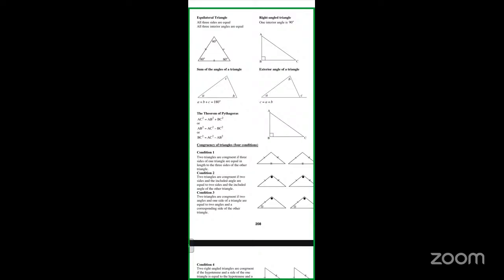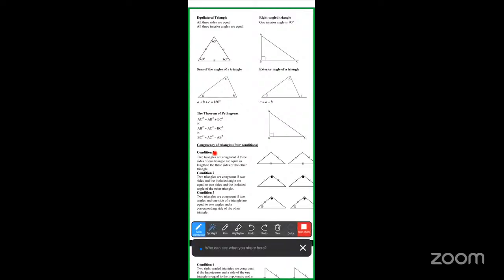So on a right-angled triangle, you're going to have a hypotenuse side. What is a hypotenuse side? The hypotenuse side in this right-angled triangle is going to be this side, AC. So in this formula, you can see AC squared is equal to AB squared plus BC squared.